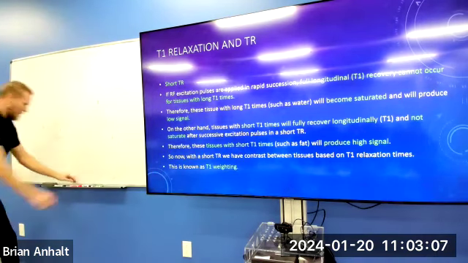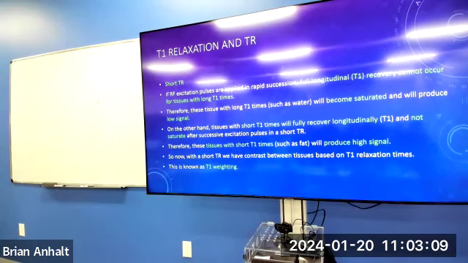Remember, tissues recover at different rates. This is my longitudinal recovery. We start off here at equilibrium, we flip both of those into the transverse plane. Let's say we did that, we waited, decayed. We're gonna have longitudinal recovery, right? Let's not look at our transverse component. Let's look at just our longitudinal component. First excitation pulse, boom. How much longitudinal magnetization do I have? Zero, right?